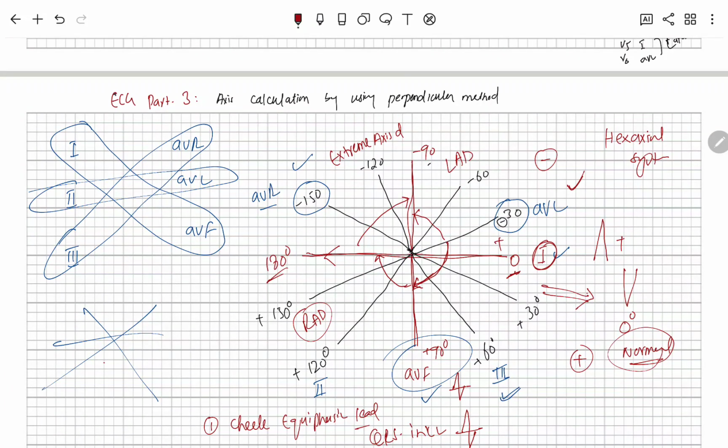Since the QRS complex is facing downward, the vector is on the opposite side. This means the vector is at 150 degrees, so the patient has right axis deviation, since it is falling between plus 90 to 180 degrees, right?